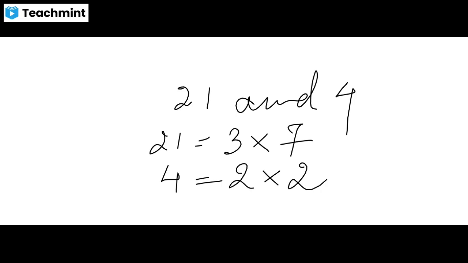We don't have any common factor, so definitely 1 is the only common factor between 21 and 4. Therefore GCD of 21 and 4 is 1, and hence we can call 21 and 4 co-prime numbers.